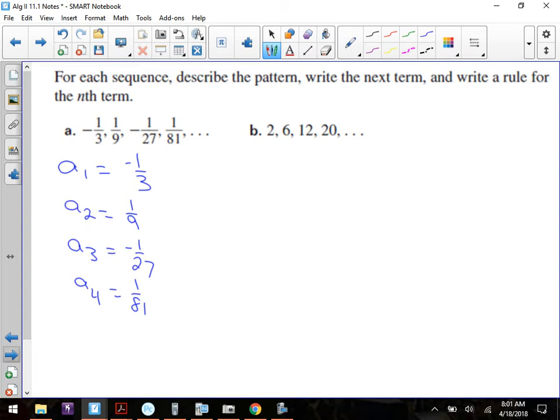What are they doing to it? They're raising it to an exponent, aren't they? So what we want to try and do here is figure out what the equation would be to generate these values. What's nice is that you can start writing stuff out and kind of guess and check, which isn't a bad idea.